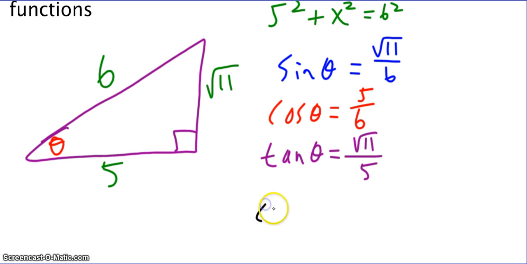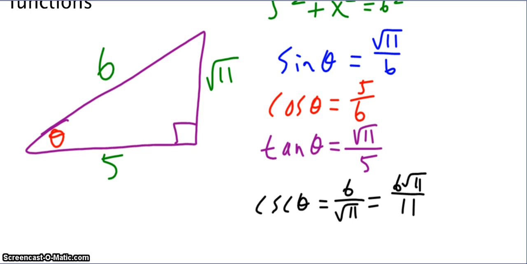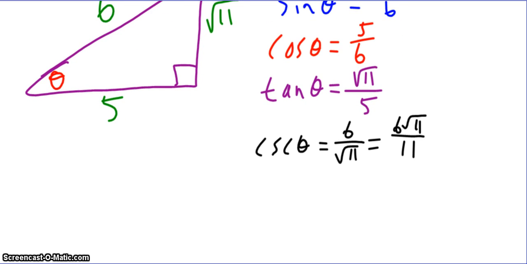Cosecant is going to be hypotenuse over opposite, so 6 over root 11. We want to rationalize. And then what's the last one we need to do is cotangent. So cotangent of theta is 5 over root 11. Again, we'll rationalize. So those are the remaining trig functions.